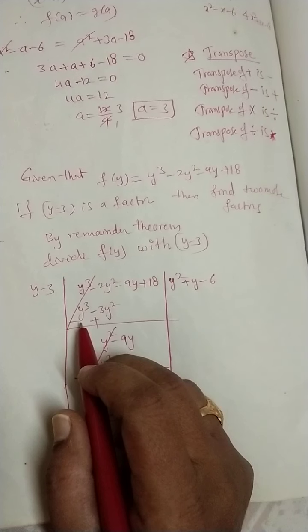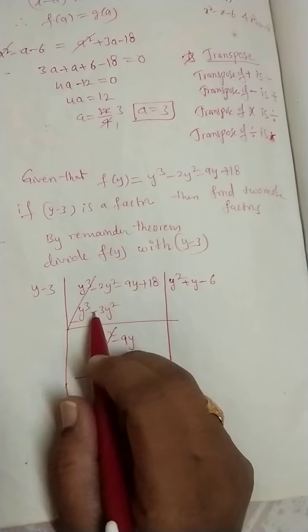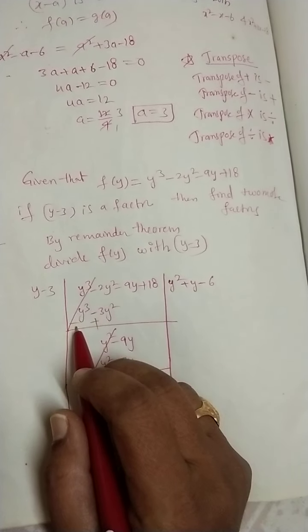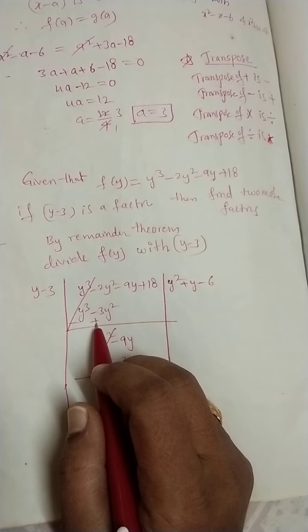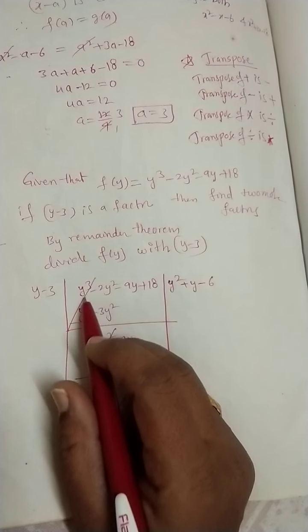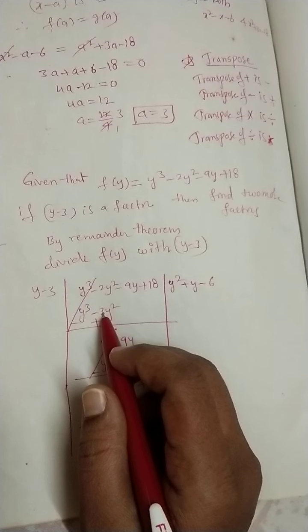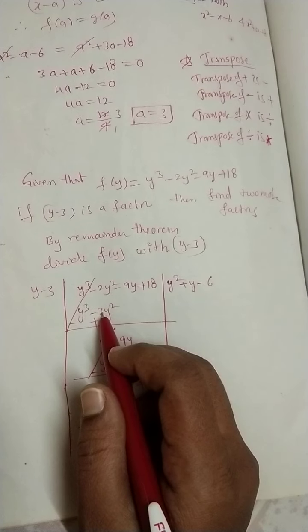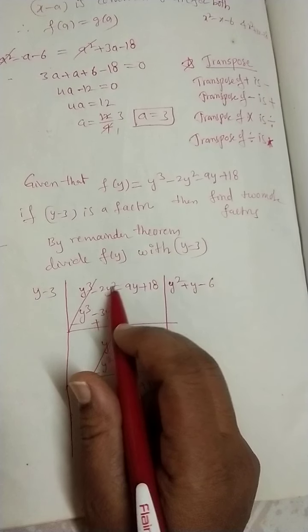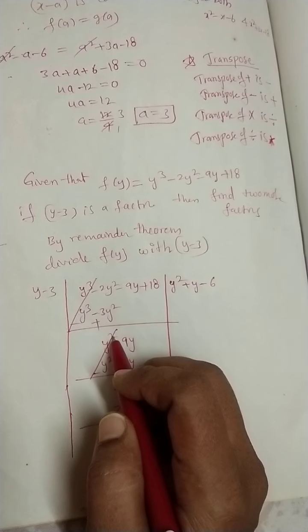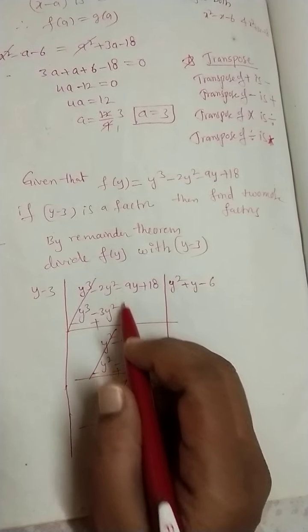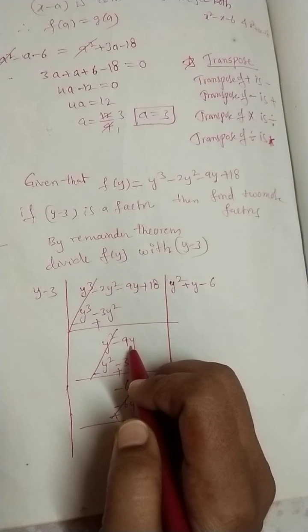When we do subtraction, the symbols will change. Here plus becomes minus, and here minus becomes plus. So minus y cube plus y cube gets cancelled. From 3y square you subtract minus 2y square, and you get 1y square. Here you carry down minus 9y.